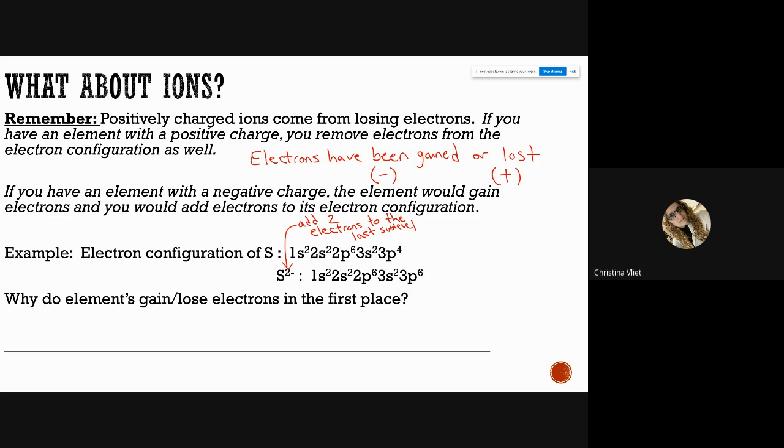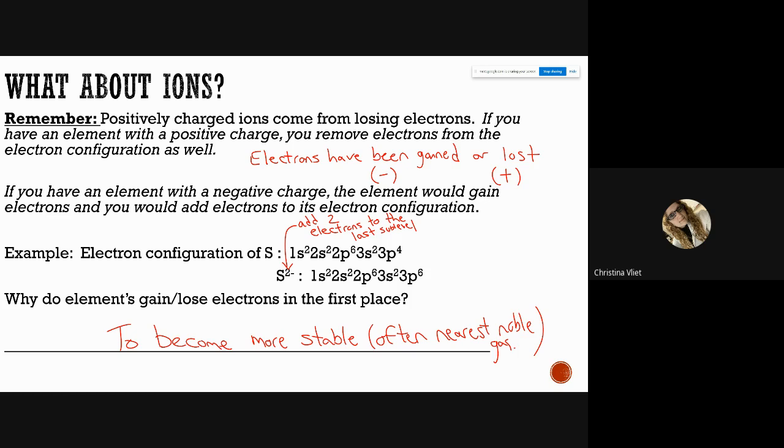To become more stable, and often this is to become like the nearest noble gas. I say often because transition metals exist and they're a little bit more complicated.